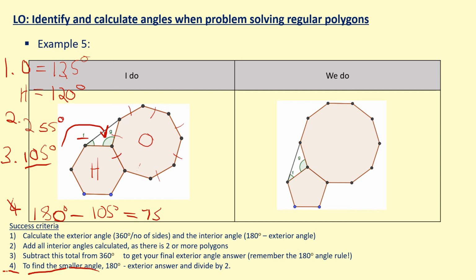But that's not the final answer, because to get that F, that last part, we need to divide this 75 by 2, which gives us 37.5 degrees. So that would be the F.